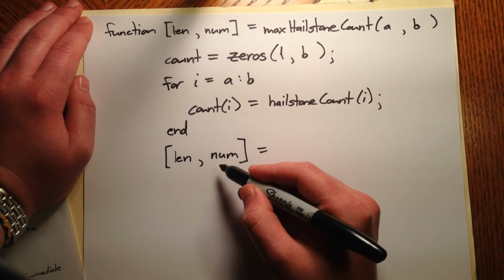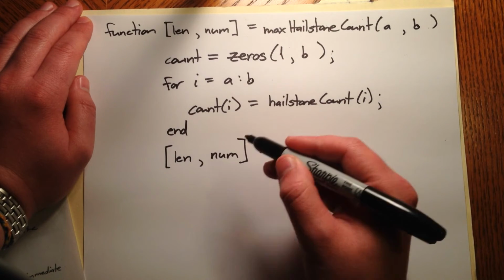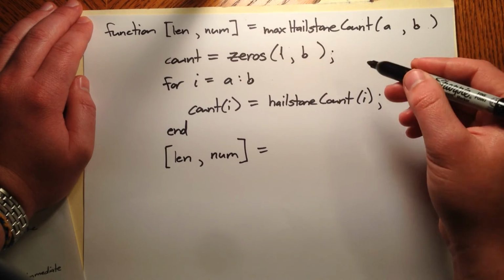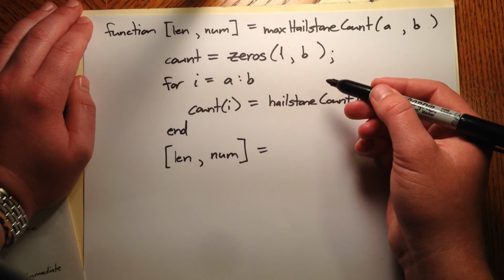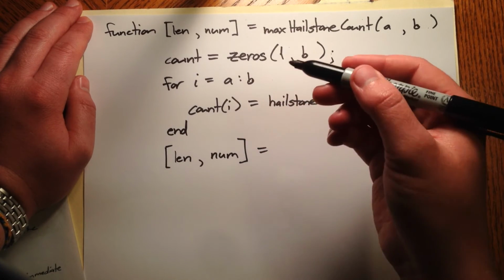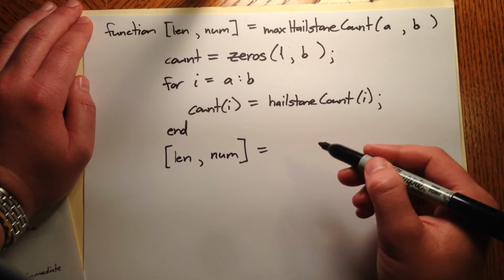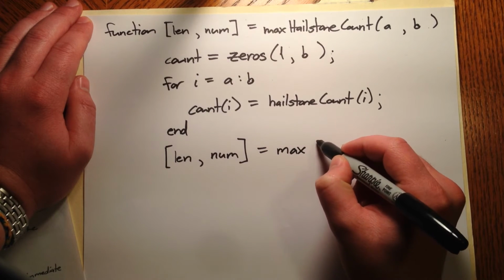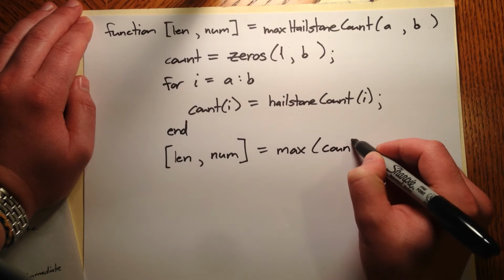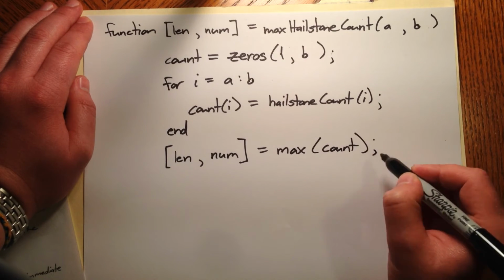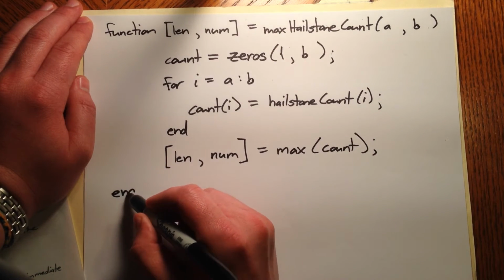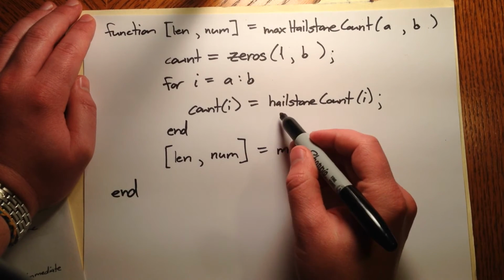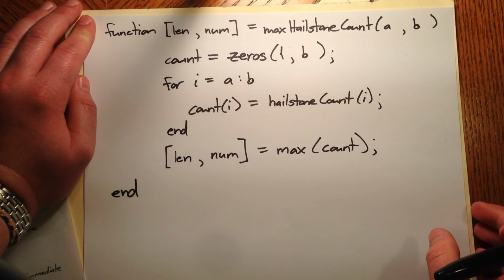The second value would be wherever that largest value occurs, so that's the number that has the largest hailstone sequence. So have max of count. And that's just it. It's really that simple, and it's greatly simplified because we called on this function.